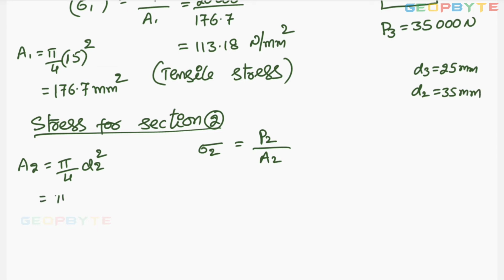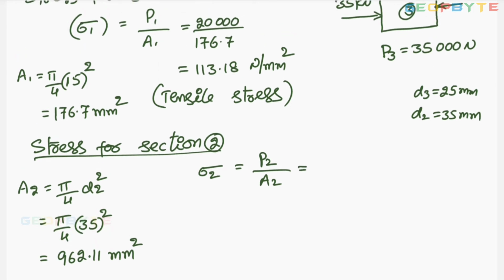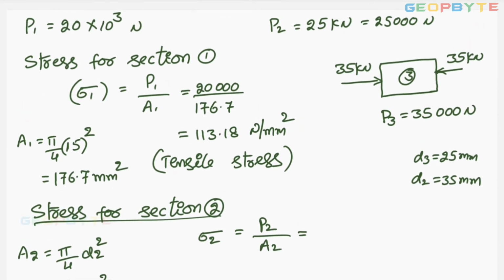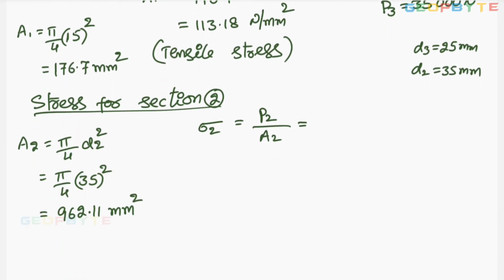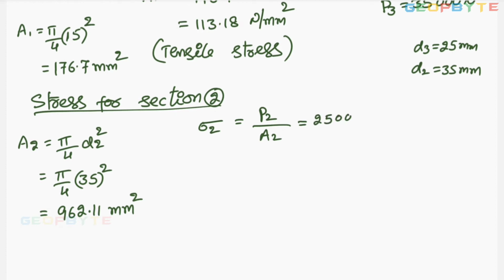Then A2 equal to pi by 4 into d2 square. d2 is 35 whole square. You simplify this value for getting the area for section 2 is 962.11 mm square. Then the stress for section 2 equal to P2, the load, 25,000 newtons, that is compressive load.